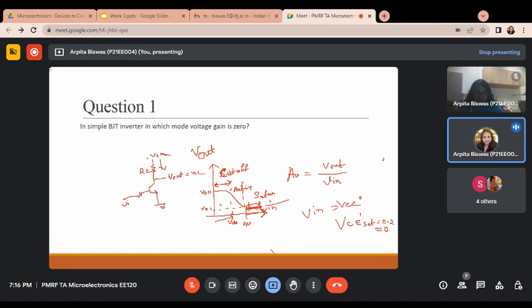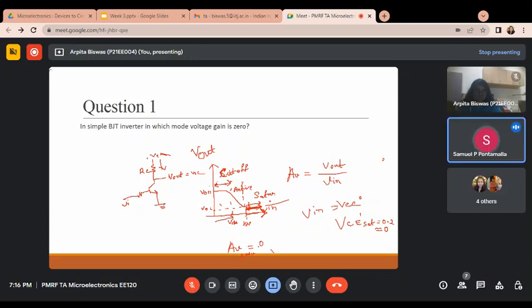So in that region also the V output is not changing. So in saturation mode also the gain is what? Gain is 0, na? 0.